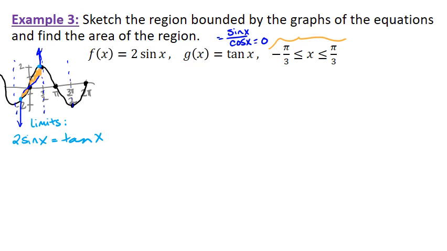So I want you to recall that tangent of x is equal to sine of x over cosine of x. So I can move the cosine of x to the other side by multiplying.